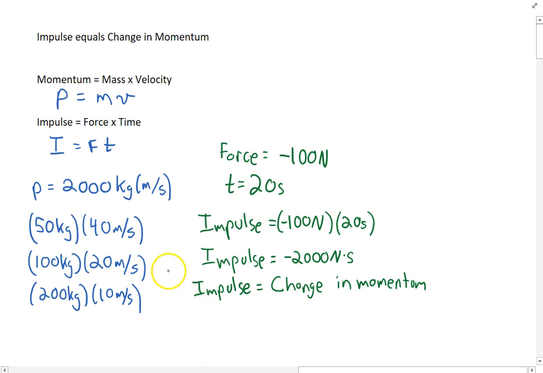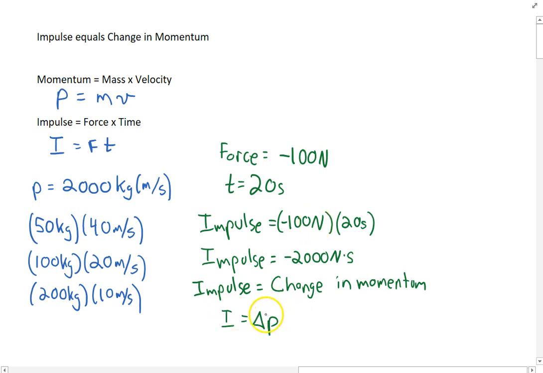So in the end, my momentum is zero because the object has come to a stop. Symbolically, I would write impulse is equal to delta P. Delta is the Greek letter, and it means change in. So my impulse will change an object's momentum. It can make the momentum get higher, or it can make the momentum get smaller. Either way, an impulse is a force applied for a certain amount of time.